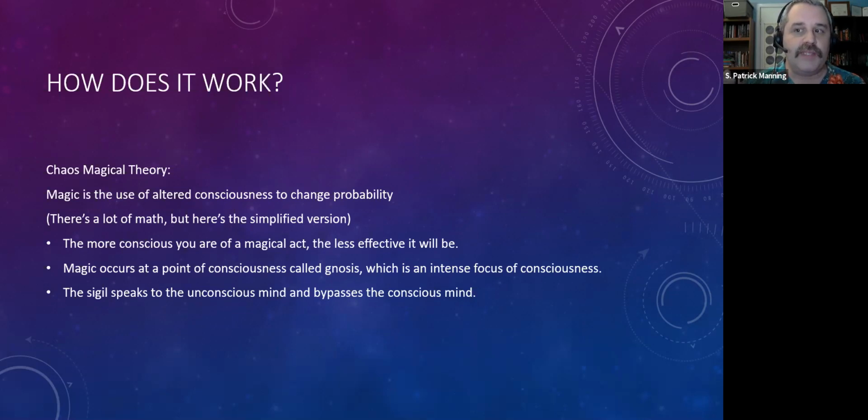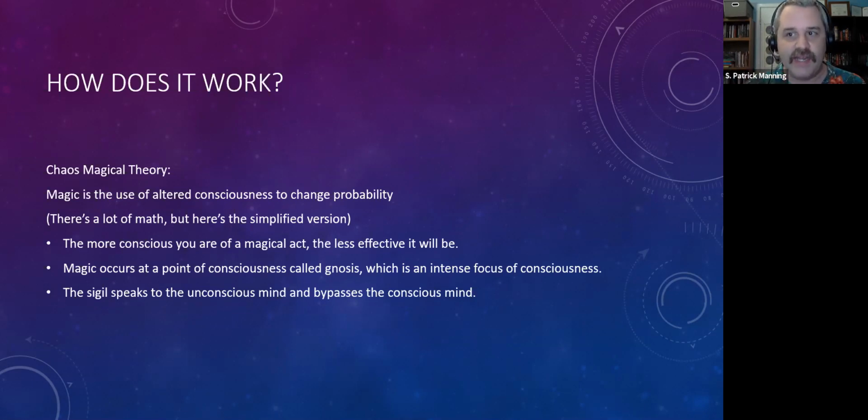So when you're doing sigil magic, basically what you're doing is you're taking a conscious statement of your goal, what you want to have happen, and you're rendering it in a way that still encodes that information that your subconscious can recognize, and you're bypassing the conscious mind and the conscious resistance with that image.